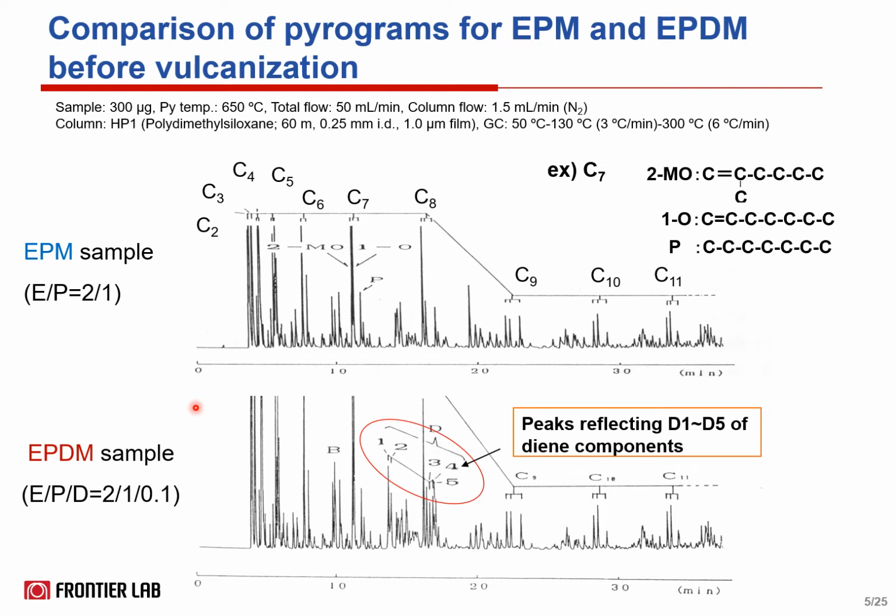Both samples were pyrolyzed at 650 degrees C. When comparing the pyrograms, 5 peaks from D1 to D5 which are not observed in EPM sample's pyrogram appeared between various hydrocarbons peaks generated from ethylene propylene chain.